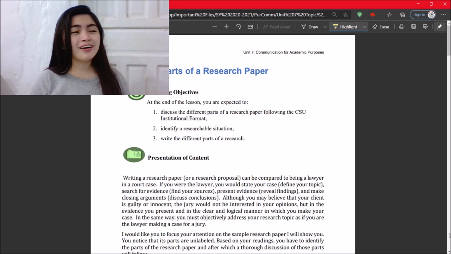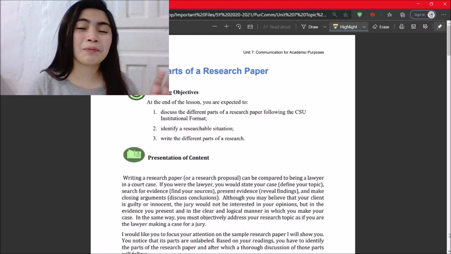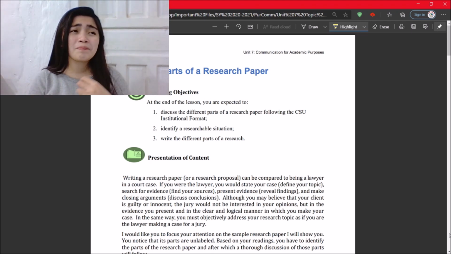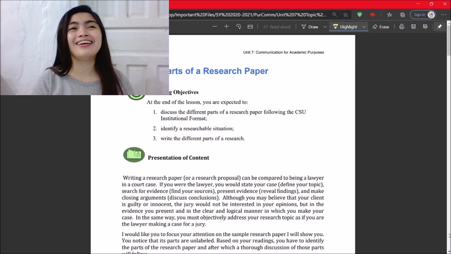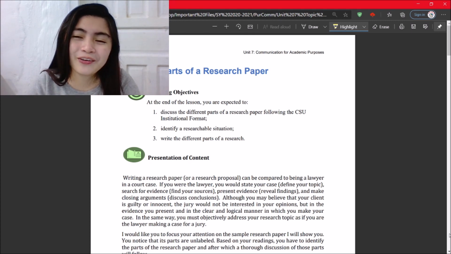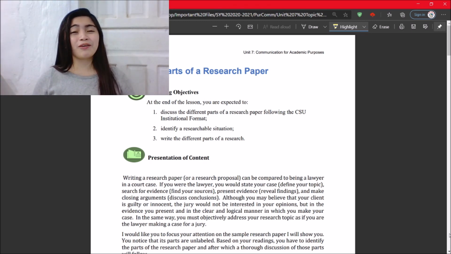Lalo na pag nakikita ko, nung first quiz natin, hindi siya nakapasa. Pero nung sumunod na mga quizzes, talagang halos ma-perfect na. So, that alone makes me really happy na kahit papaano, lumago kayo, you're able to grow.